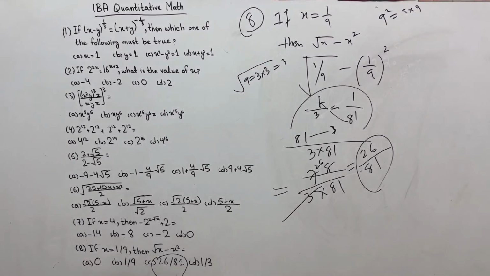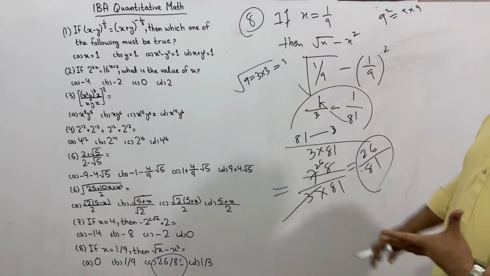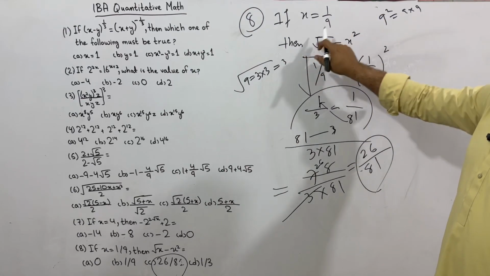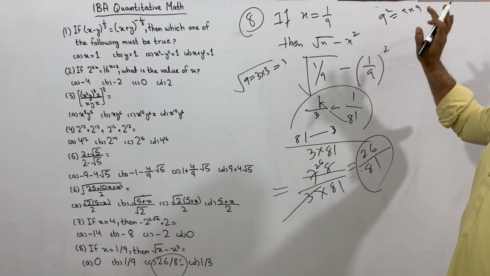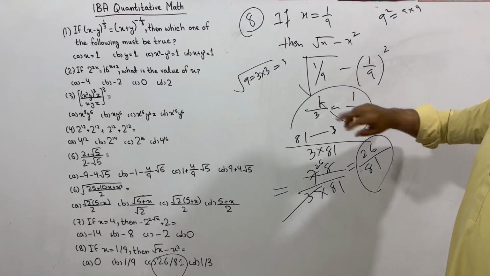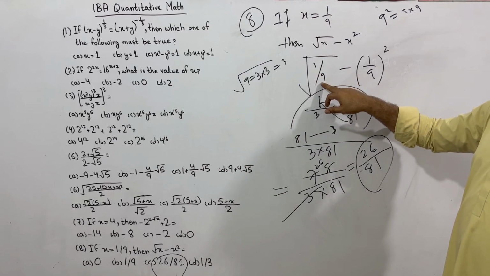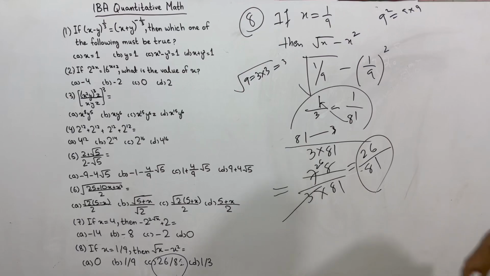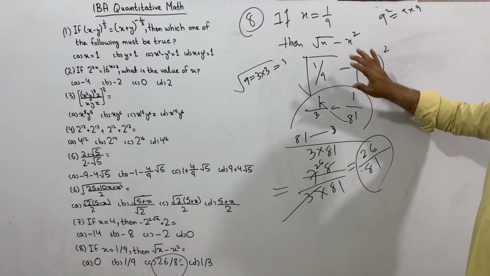Again, have a look at the question. Let me brief you again. It is given that x is equal to 1 over 9. Then evaluate root x minus x squared. I have switched the value of x to 1 over 9. Root of 1 over 9: square root of 1 is 1, square root of 9 is 3. What about x squared?